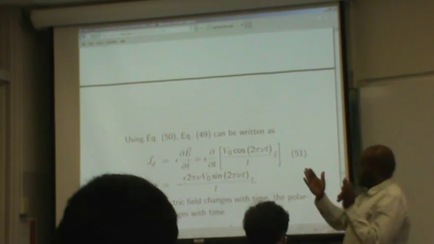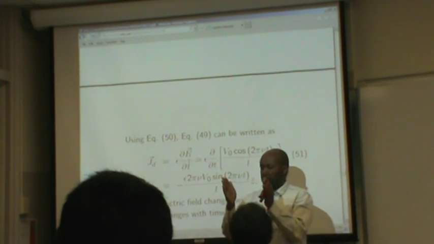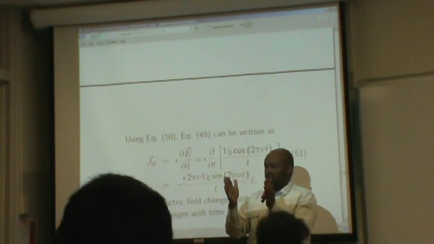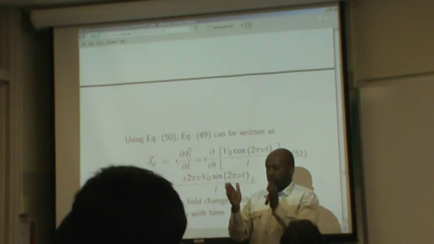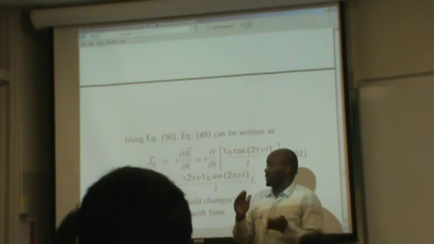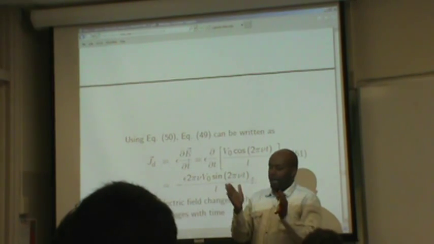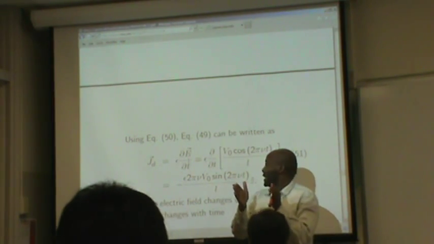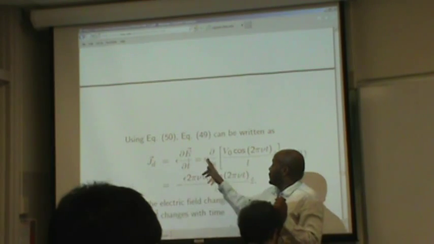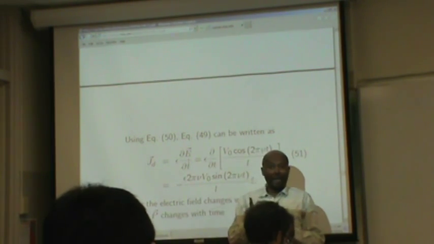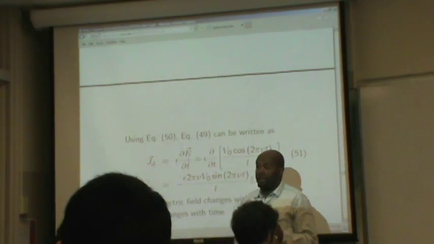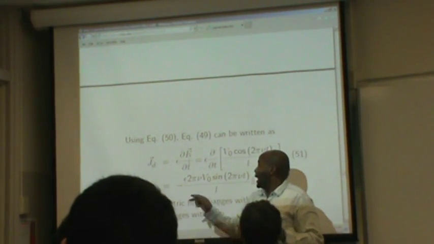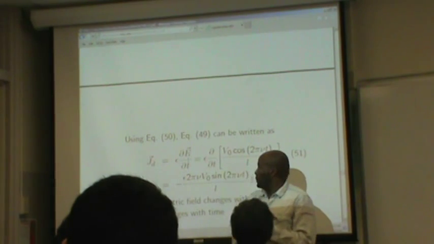We are interested in the displacement current in water that is filled between two parallel plate capacitors that have an area A and are separated by a distance L. So if you use the electric field, this electric field has to be the electric field in the absence of water in between the plates.